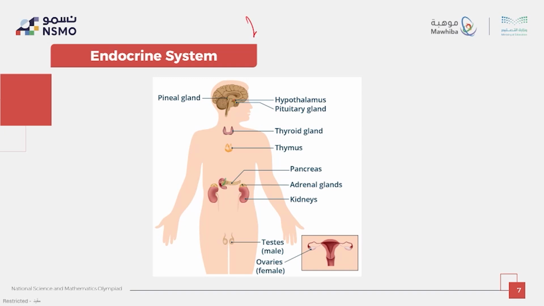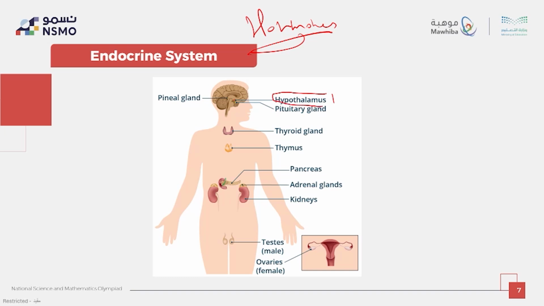So, hormones lead us to the endocrine system. These glands release hormones into the blood, which travel everywhere to your brain, your heart, your bones, and even your mood.